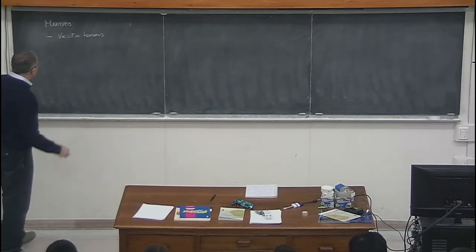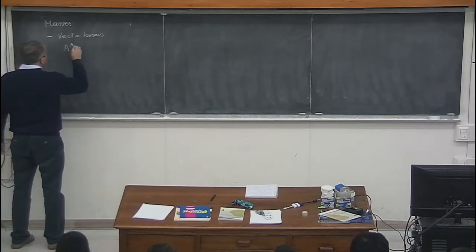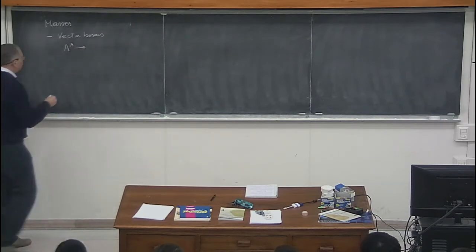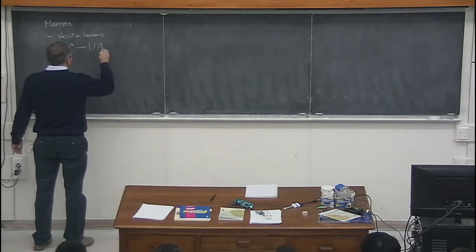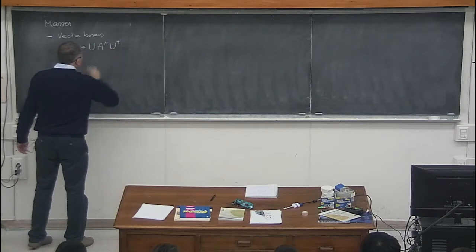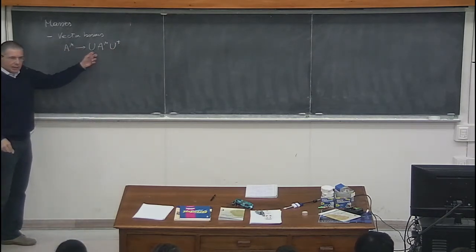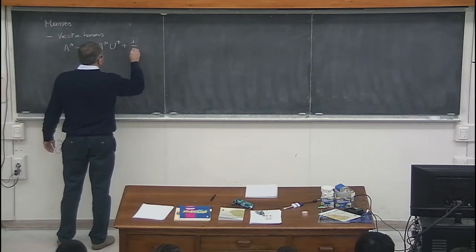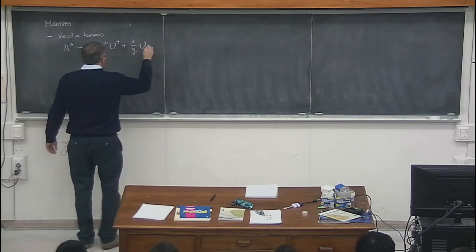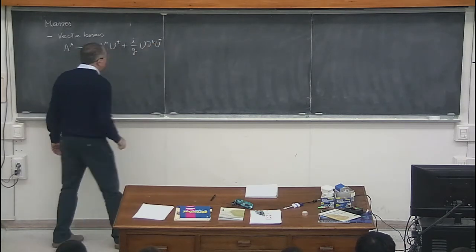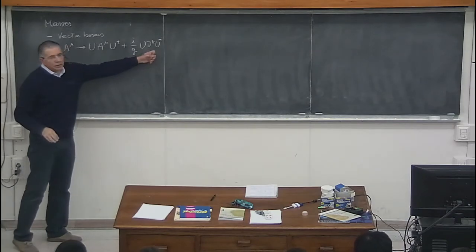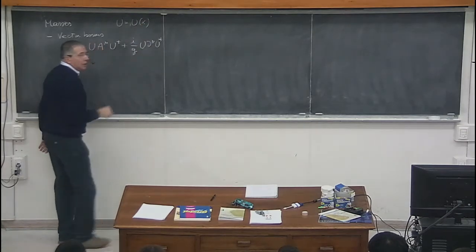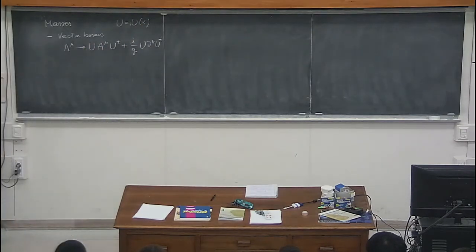In the Yang-Mills construction, vector bosons are transformed under the action of the gauge group like this: U A_mu U dagger, where U is a matrix belonging to the gauge group, plus i over g U d_mu U dagger. And this second term is generally non-zero because U is assumed to be a local transformation in the case of gauge theories.